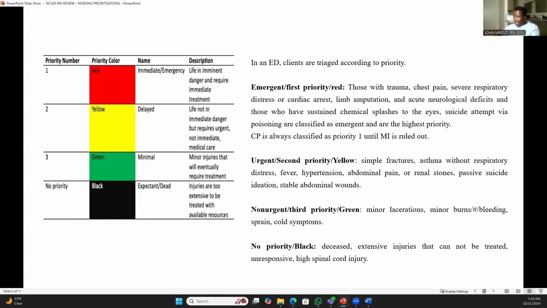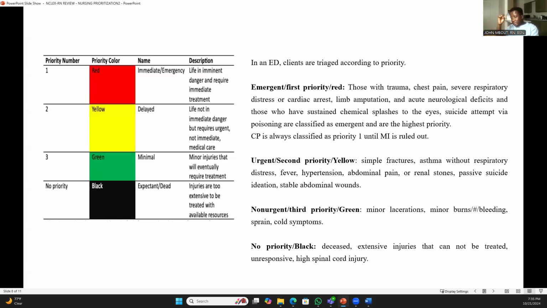Hypertension, abdominal pain, renal stones, we classify them here. We move to the green zone, priority 3. It's called minimal, non-urgent. Minor lacerations, minor burns, fractures, bleeding, sprain, cold symptoms, we classify them here.